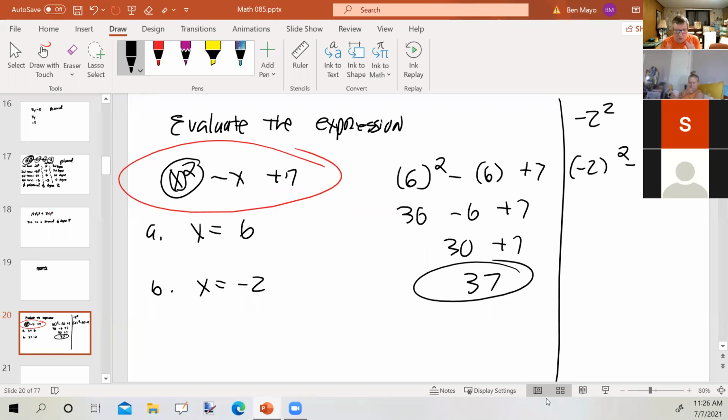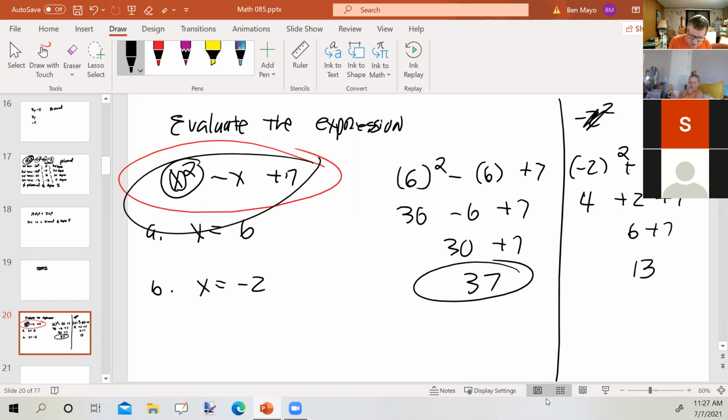That would be 2 squared with a negative sign in front of it. So negative 2, the quantity squared, is going to be negative 2 times negative 2, which is what? Four. Good. Subtracting a negative becomes adding a positive. So plus 2 plus 7, 6 plus 7, 13.